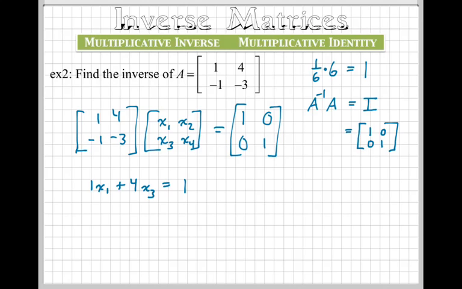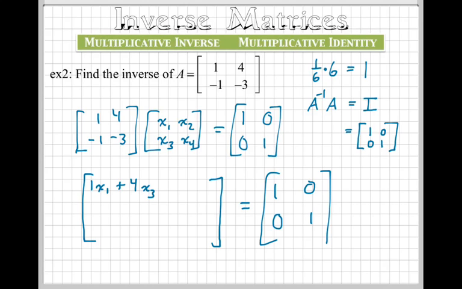And actually, I probably shouldn't write it that way. I should instead just keep that like that and keep this side like this, so you guys can see why it equals the 1. And then to find our next number, okay, we found that number. To find our next number, we would go this row, -1 times x sub 1.